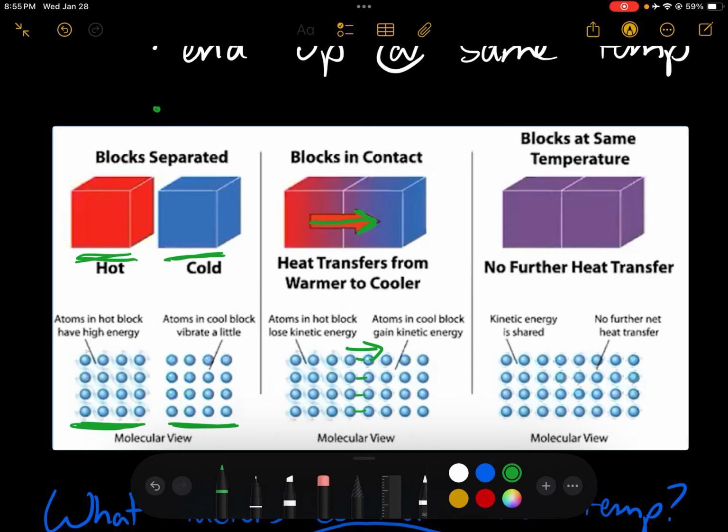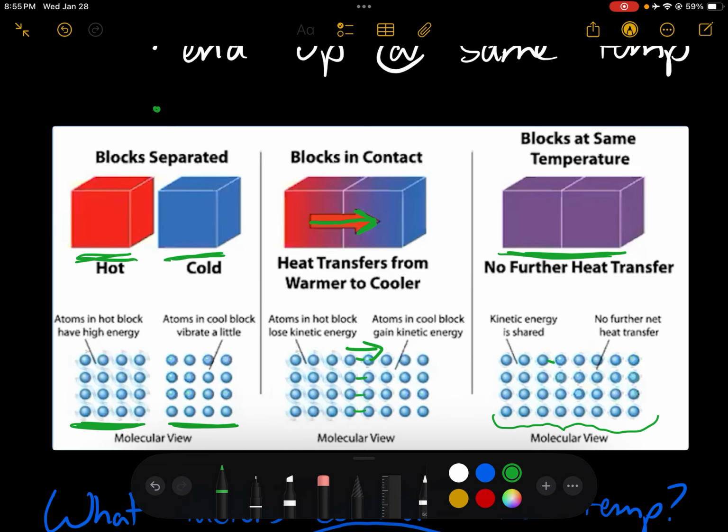When those blocks reach thermal equilibrium and they are the same temperature, that means that all of these molecules on average are vibrating the same amount. That does not mean every single molecule is vibrating exactly the same. It means on average, we're seeing the same in each block.